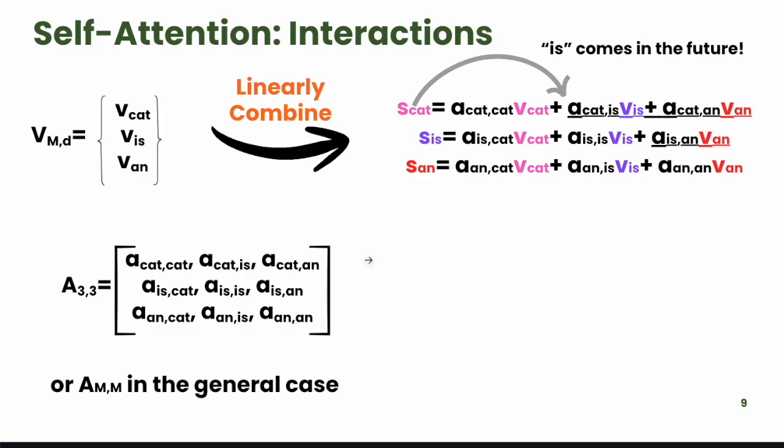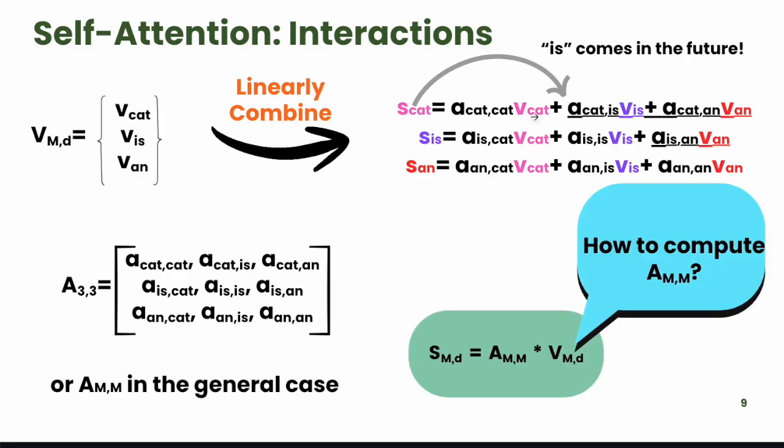So if you have an m dimensional input sequence of words, then you will have m cross m entries. And now the question is how to compute these weights, because we already know how to compute the value vectors, right? That is something we've discussed already. As soon as you express everything in the form of this matrix A, you can easily conclude that this whole expression is nothing but a matrix multiplication.